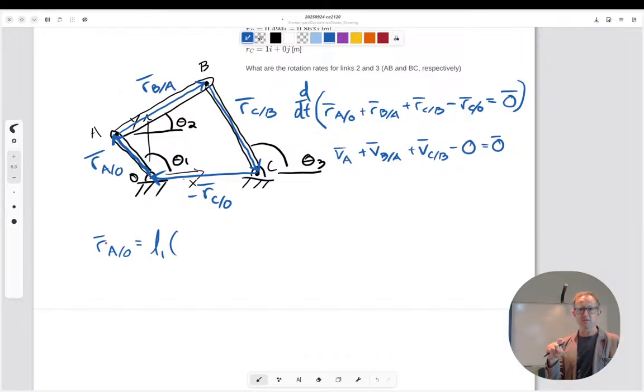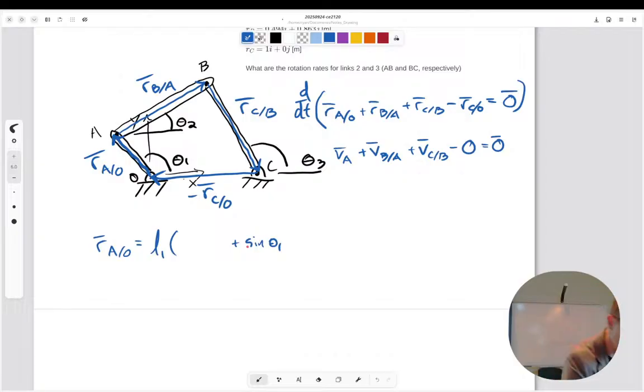L1 is our magnitude, it has to be L1 away. What's the direction? Where is it going? Sine theta 1. We definitely need a sine theta 1. Is that in our x direction or y direction?